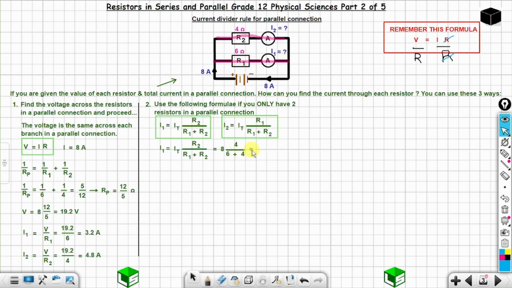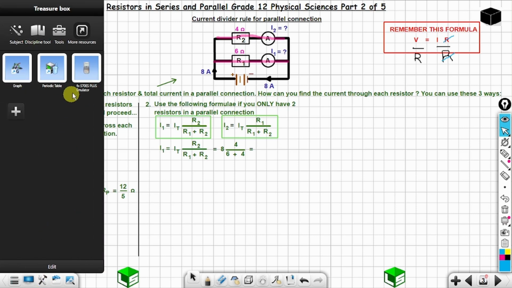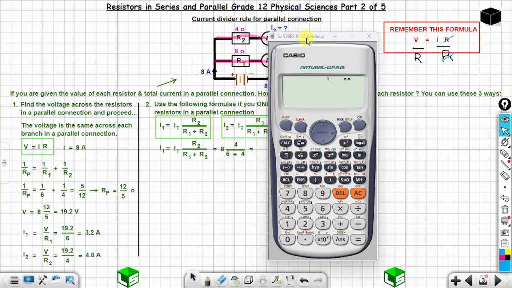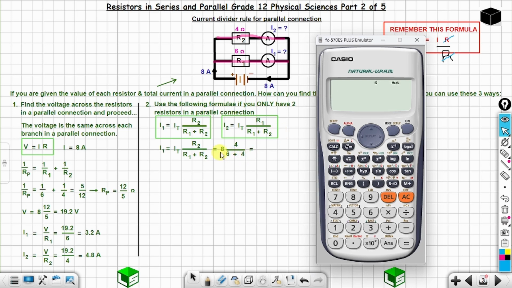This is equal to 8 times 4 over 6 plus 4. This is equal to 3.2 amperes.